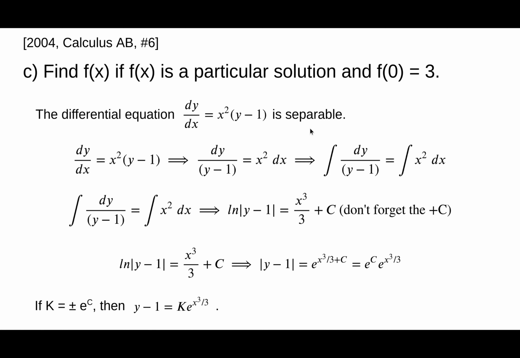If we make that substitution, we get y minus 1 is equal to k times e to the x cubed over 3. Notice that by allowing k to be either the positive or the negative version of e to the c, we no longer need the absolute value at this point.